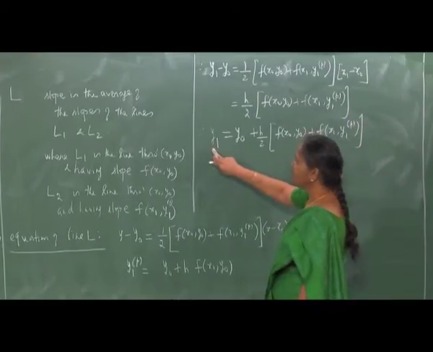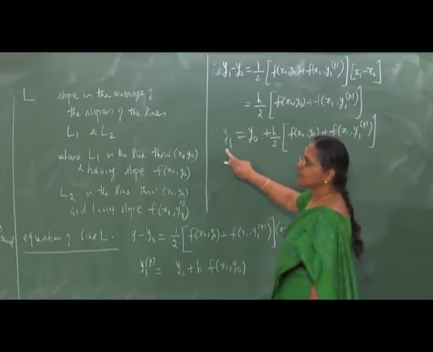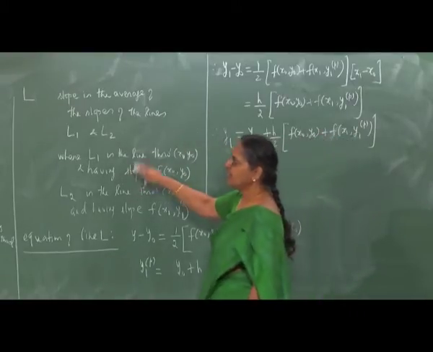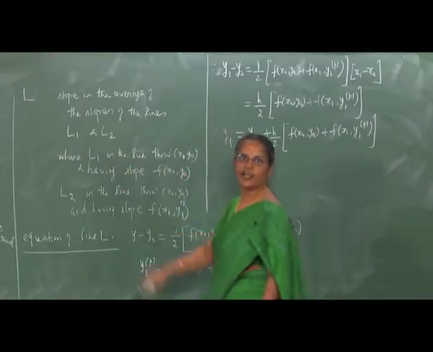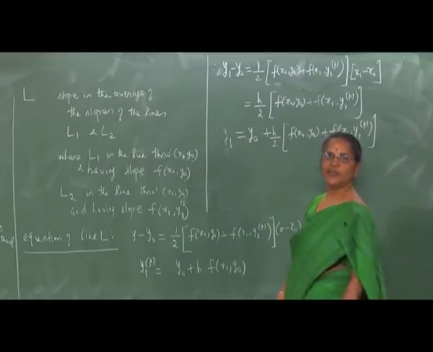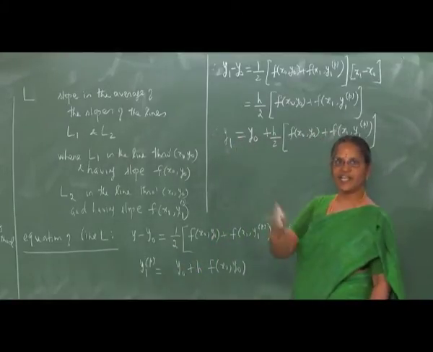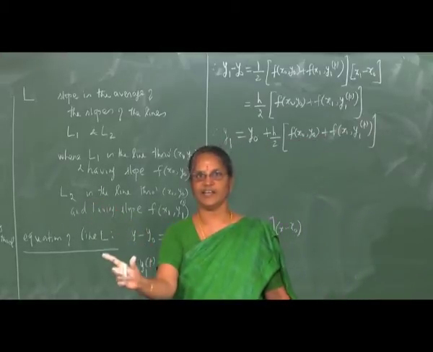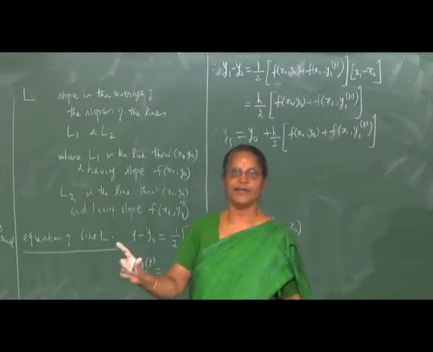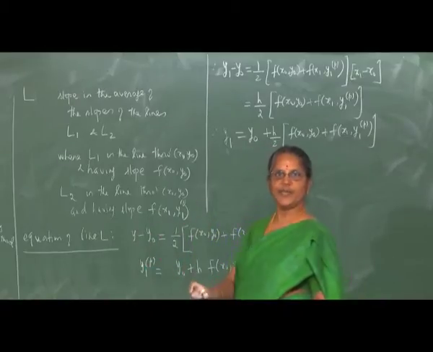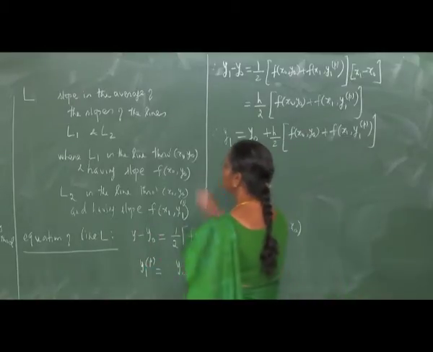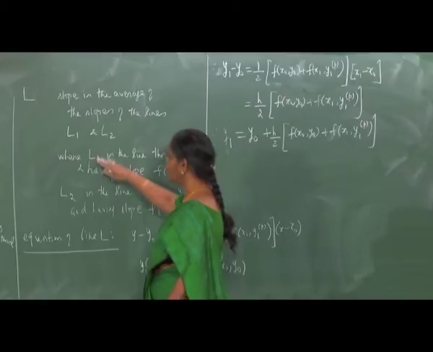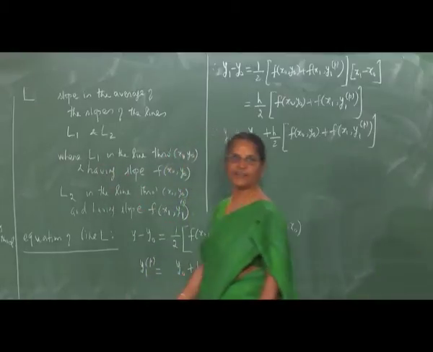This is the y1 which is obtained because of the modification that you incorporated in Euler's method. Namely, you modified the straight line approximating the solution curve in an interval x0 to x1 by taking that line to be one whose slope is the average of the slopes of the lines L1, L2.